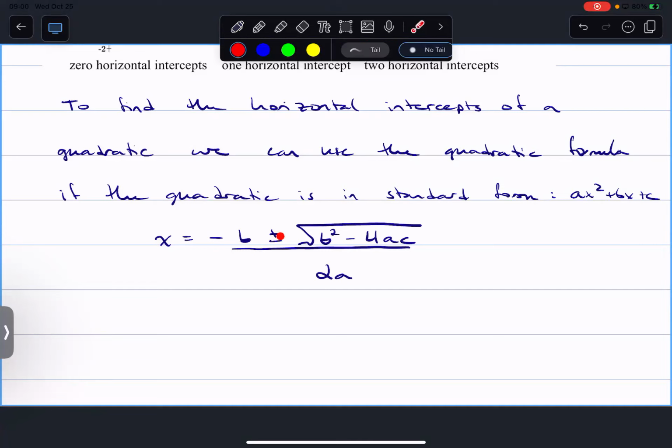We have a plus and a minus because you're potentially looking for 2 points, right? And so you've got your negative b, and then you go up the square root of b squared minus 4ac, right? And then divide that by 2a, and then you go down a little bit from negative b. And so that's how we get these potentially two intercepts.